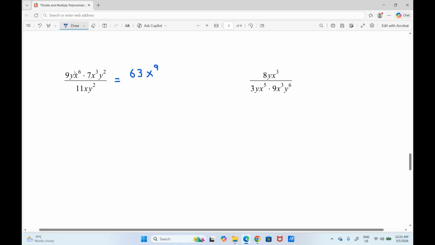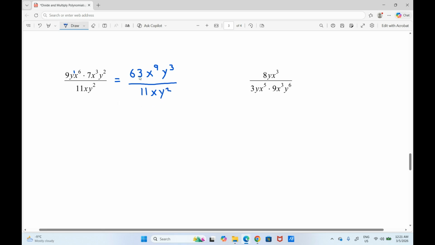Y to the exponent of 1, because there's an invisible 1 in front of my variable, doesn't have an exponent. Y to the exponent of 1 times y to the exponent of 2 would be y to the exponent of 3. Okay, that's simplified on the top, and I can't simplify further on the bottom, so I'm just going to leave it now. Okay.